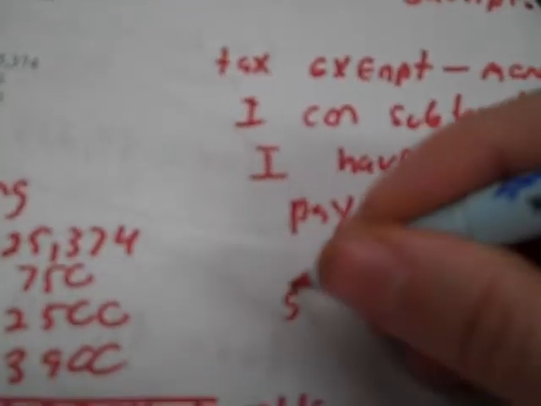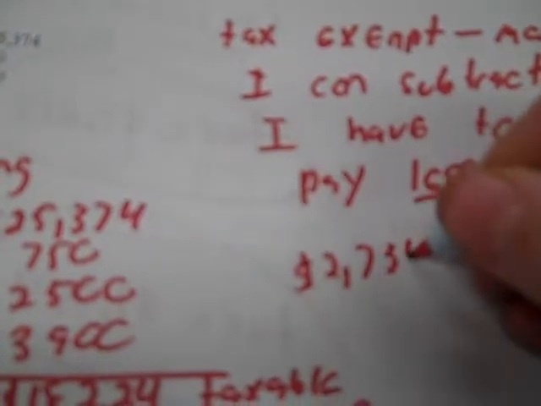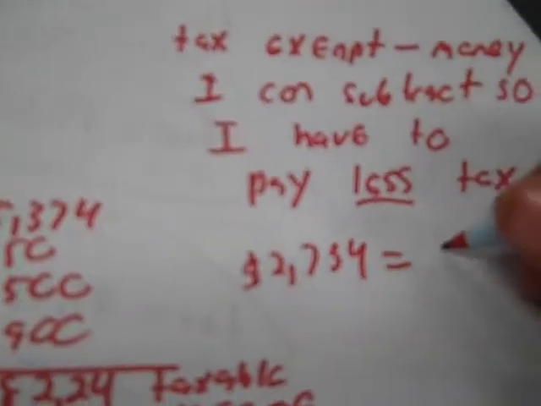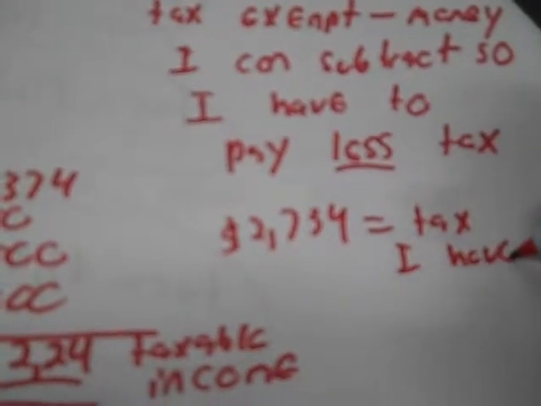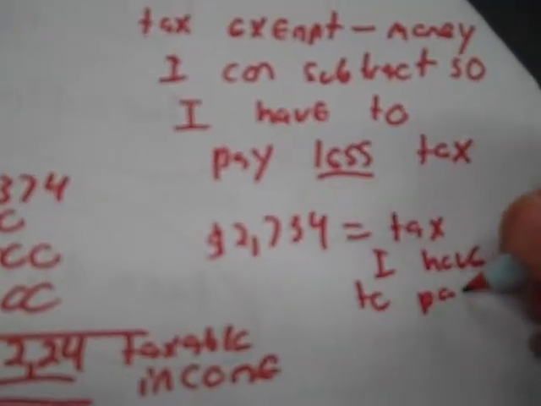So 224, well, I don't see 224. 224 is between 200 and 250. So I owe $2,734. That's the answer, okay? So $2,734 equals the tax I have to pay, okay?